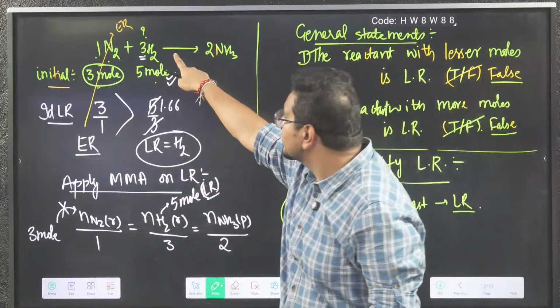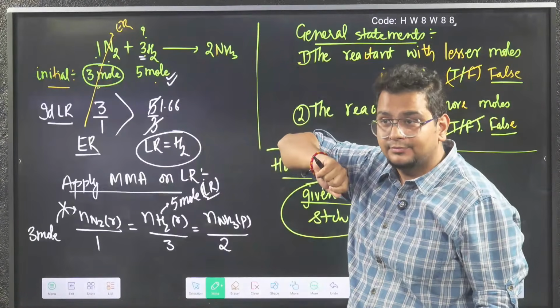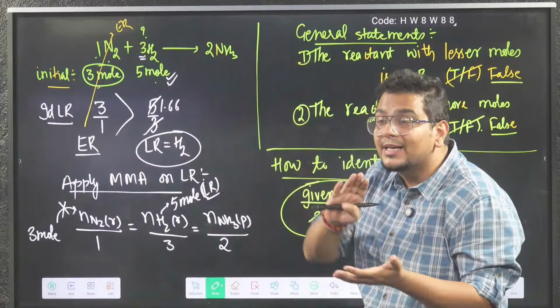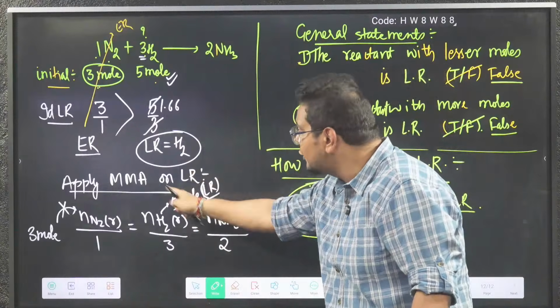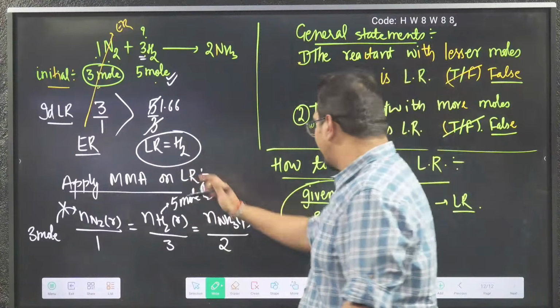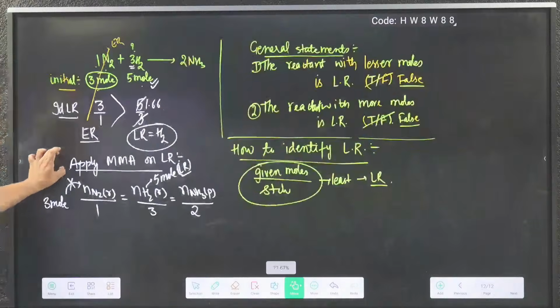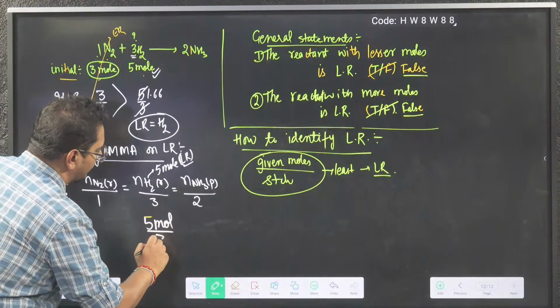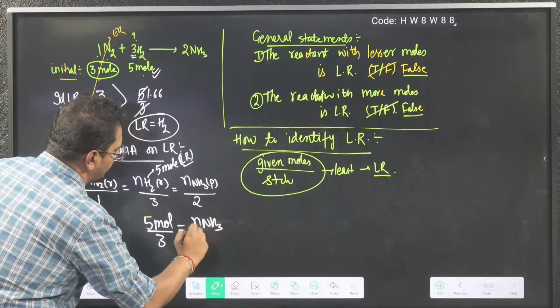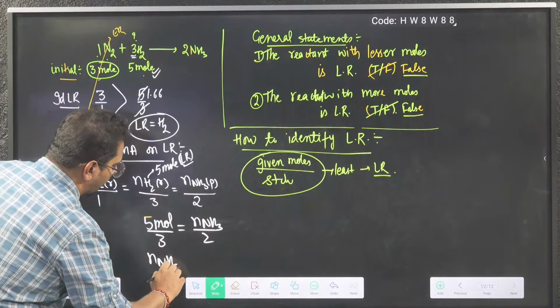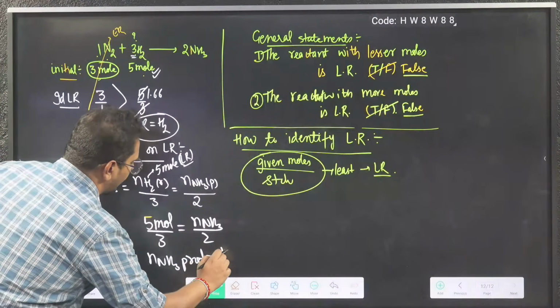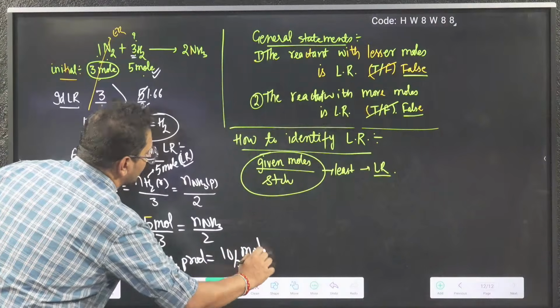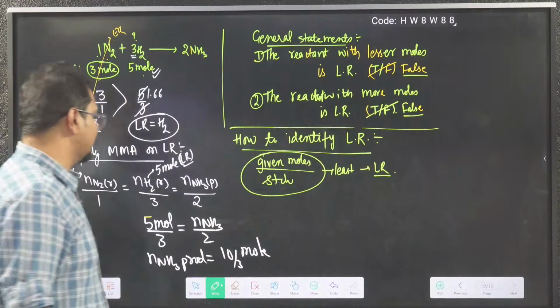Because hydrogen is given lesser in amount divided by stoichiometry, it is the limiting reagent and will be consumed completely. When I put 5 mole of hydrogen here, how much ammonia is produced? 5 mole by 3 is moles of ammonia by 2. So moles of ammonia produced will be 10 by 3 mole. They were asking for moles only, so that's the answer.